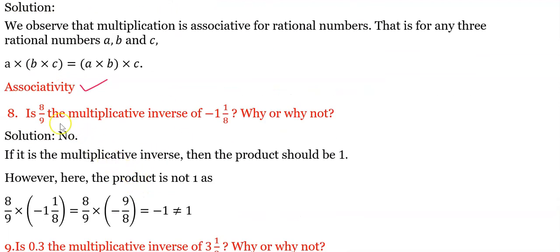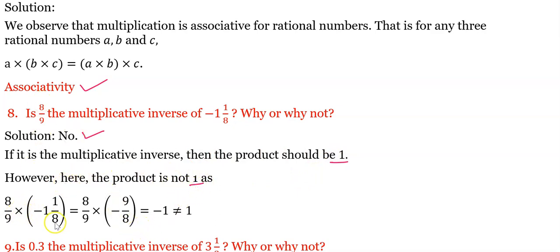Next, is 8 upon 9 a multiplicative inverse of minus 1 and 1 by 8? Why or why not? It is not the multiplicative inverse. If it were a multiplicative inverse, then their product should be 1. However, here the product is not 1.